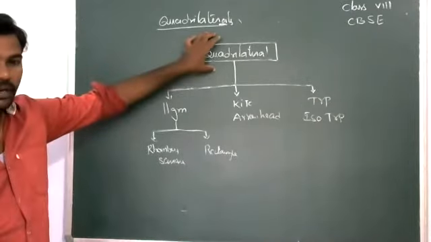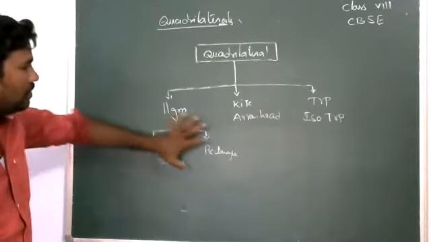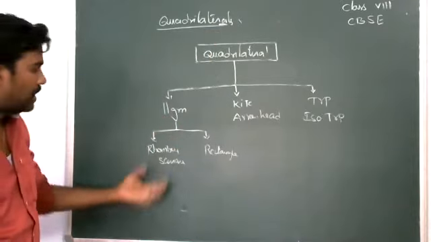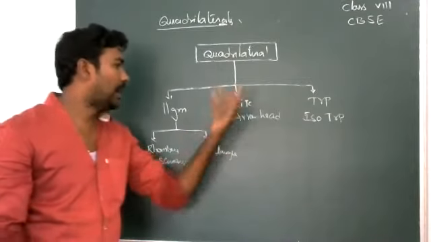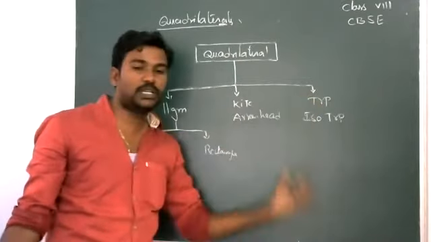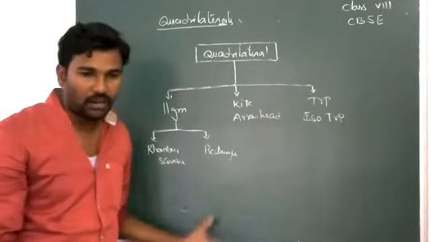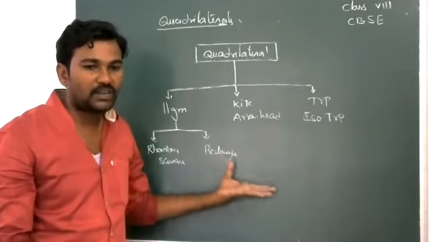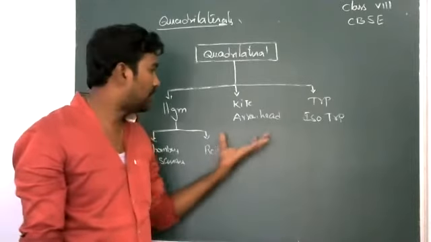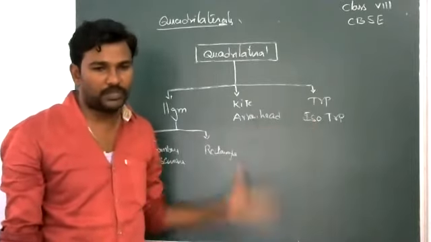These are all shapes: square, rhombus, rectangle, parallelogram, kite, arrowhead, trapezium, isosceles trapezium. These all are different types of quadrilaterals. Based on their properties, we give them specific names.